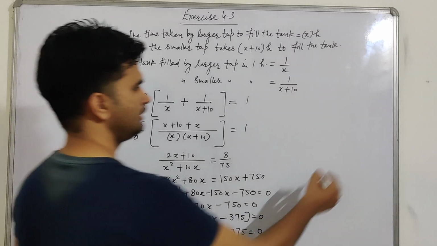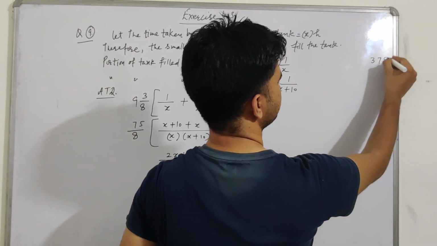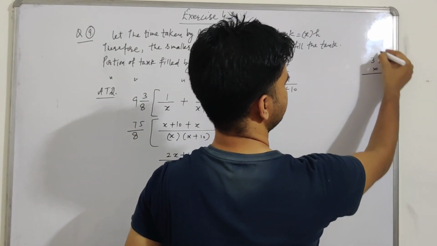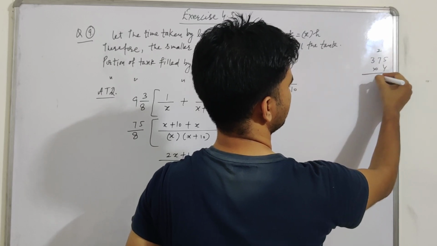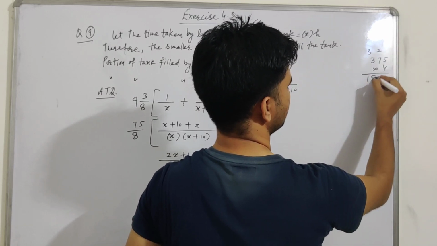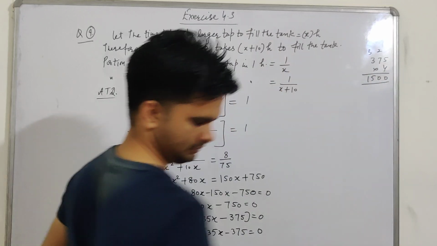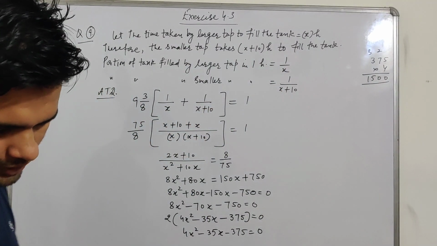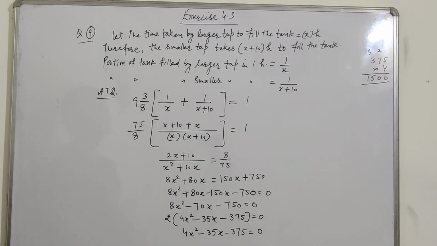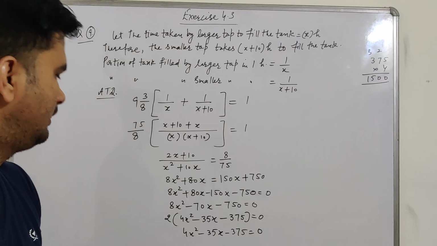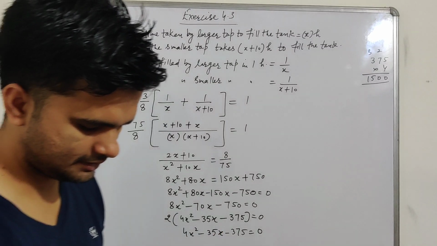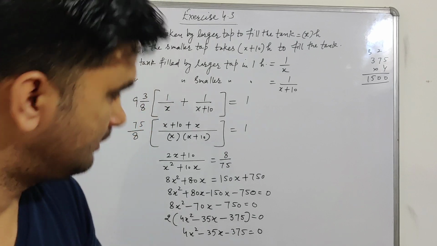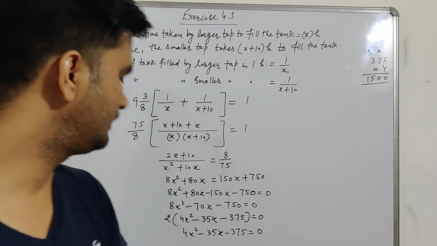Now 4x square into 375. Now two terms, so the product should be 15 into minus 1500, and after addition and subtraction I need here minus 35.